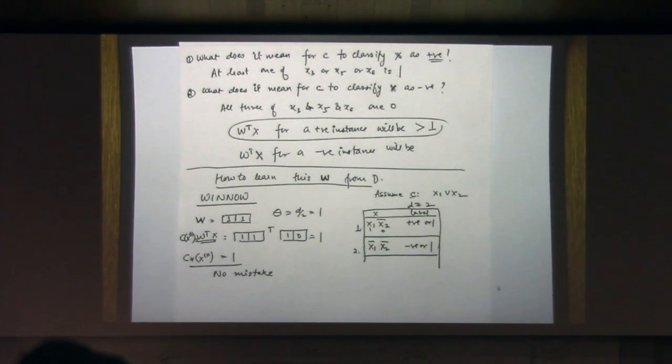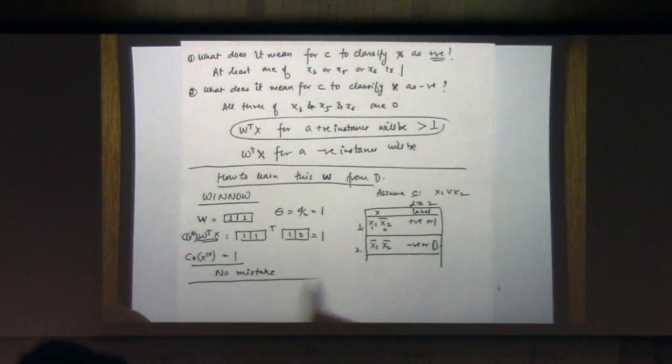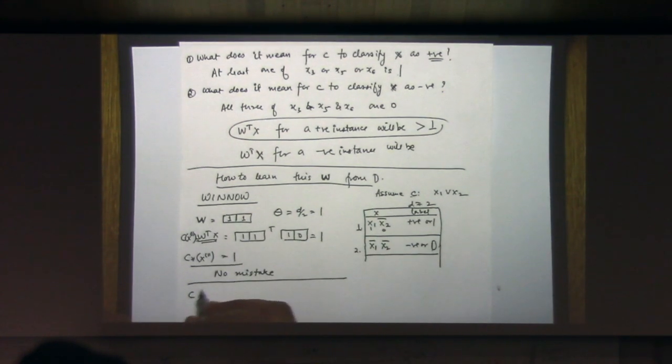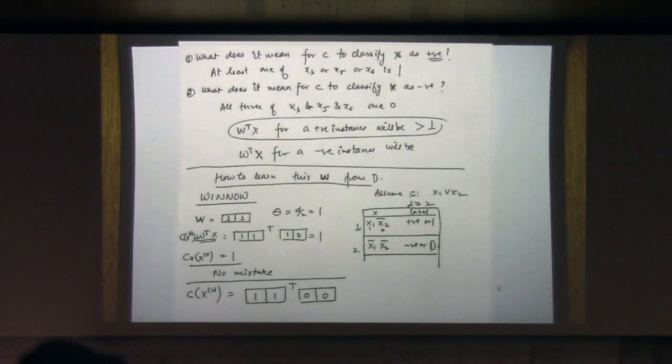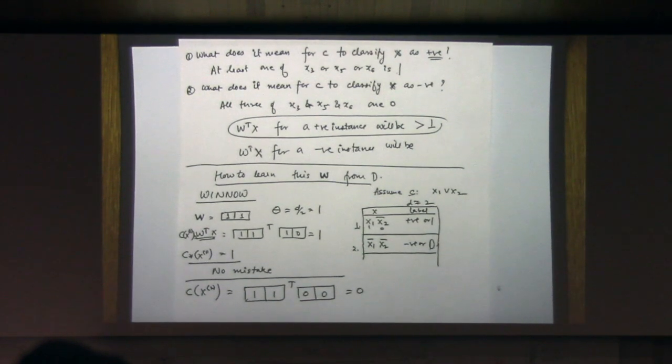So negative or minus or zeros, right? So now what happens? Your W is still the same, theta is still the same. Then you compute C of x of 2, which is your second instance, and that will be 1, 1 transpose 0, 0, right? So the answer will be 0.